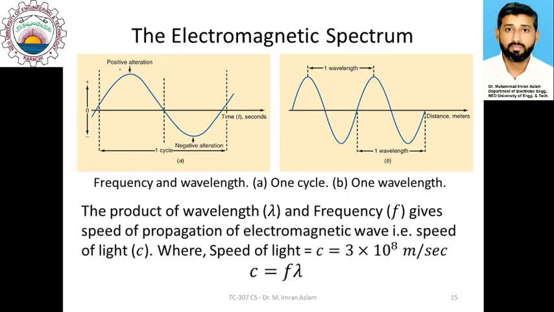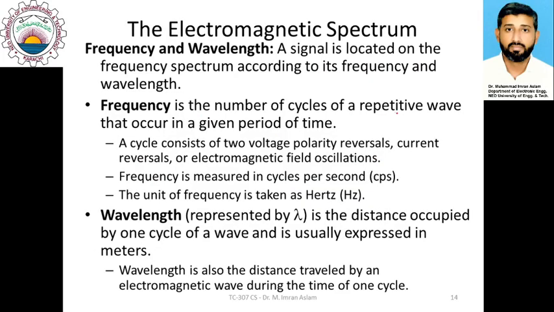One cycle for a sinusoidal wave comprises a positive alternation and a negative alternation. This is the one cycle. So how many times this cycle is completed in a second is named as the frequency of the wave. This would be represented as cycles per second, but this unit has been renamed as hertz. So we measure the frequency in hertz.